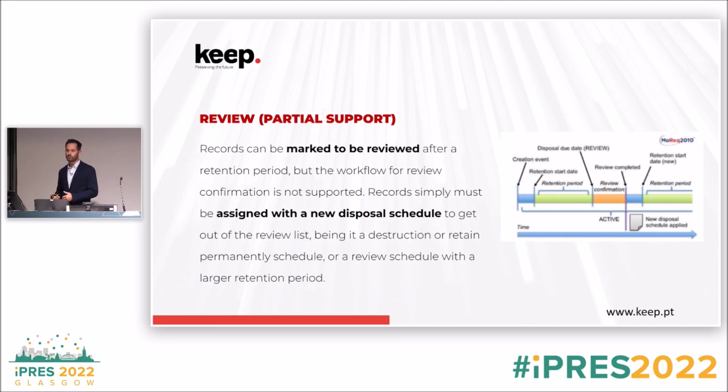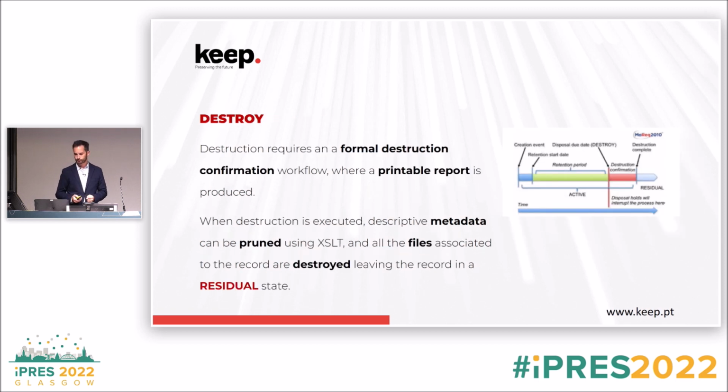This can be to move them to a destruction schedule, to a permanent conservation schedule, or to a review schedule with a larger retention period. Of course, we can limit which ones are allowed, so you cannot postpone this forever.